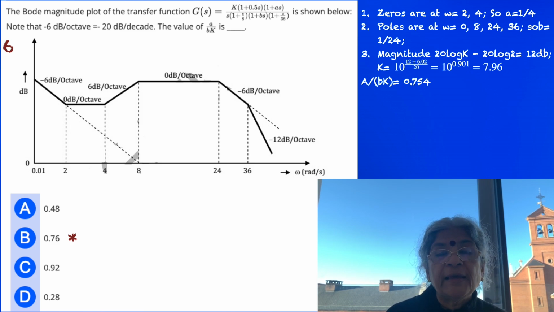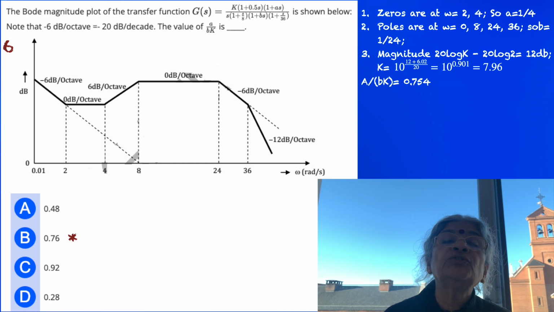So if 8 has a gain equal to 0, at omega equal to 4 we would have a gain equal to 6 dB, because 6 dB is the descent per octave. Then at half this frequency, that is half of 4, or at omega equal to 2, we would have 12 dB as the gain.